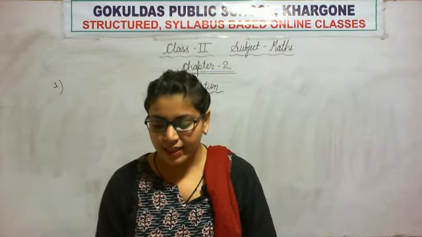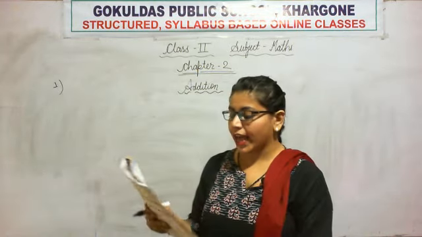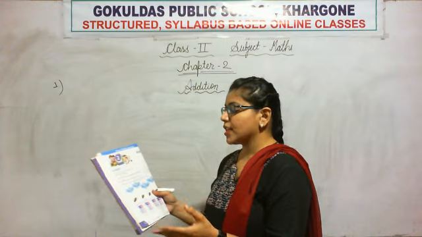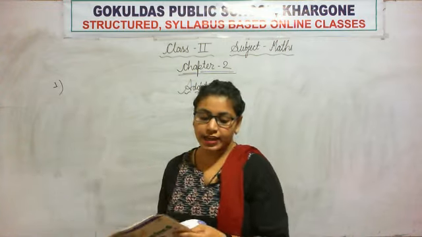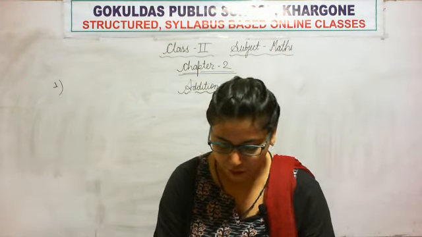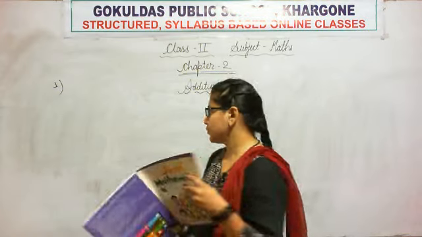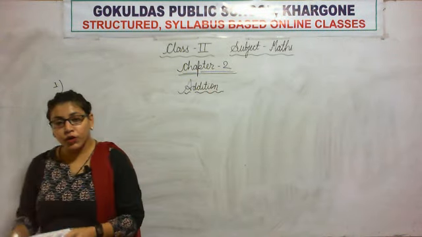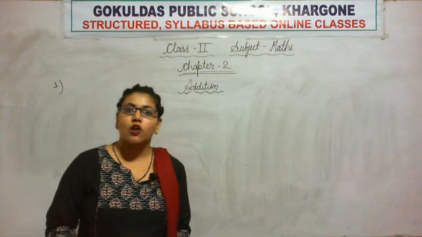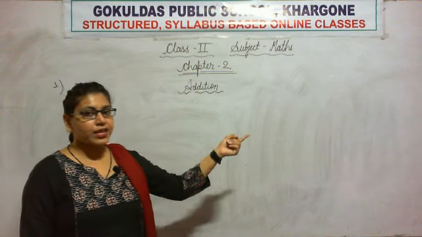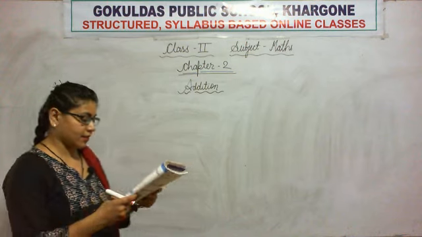Birds are given there and nests are given there. Numbers are given in the form of 2 tens plus 5 ones, and numerals are given for the nest. So we have to match them with the right answer. I am not going to write questions, but you have to write questions in your copy.